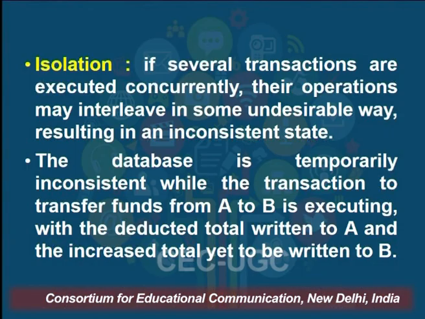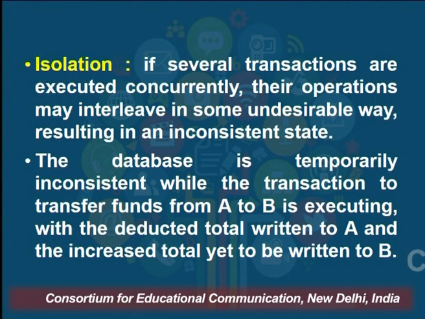If several transactions are executed concurrently, their operations may interleave in some undesirable way, which results in the loss of consistency. For example, let us take one scenario within this example, the transfer of $50 from account A to account B.